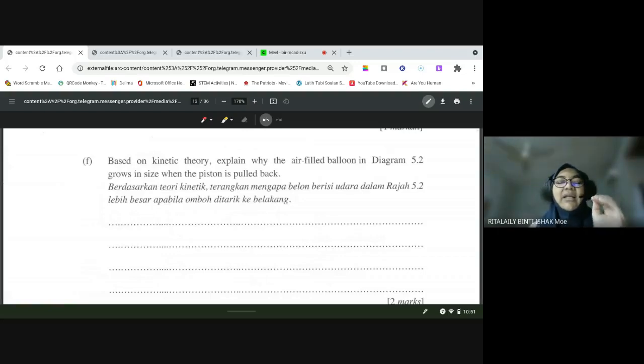Dia tanya 5.2. Maksudnya, jawapan awak kena refer pada 5.2. 5.2, dia punya container jadi lebih kecil ke jadi lebih besar? Okay, Nazirah? Jadi lebih besar.